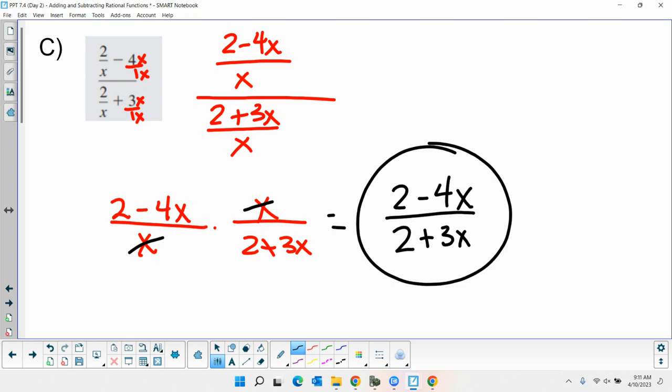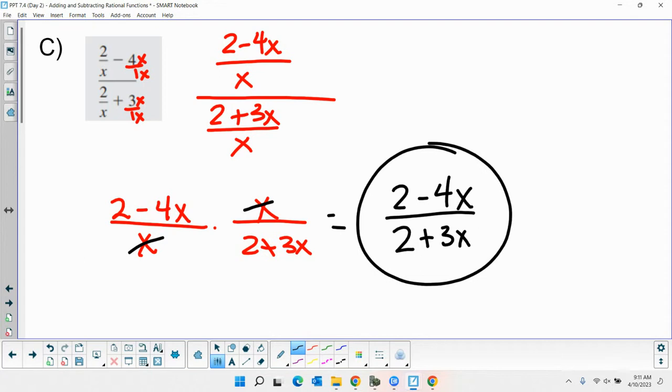Adding and subtracting fractions and simplifying a complex fraction. You have to factor denominators first. Do not factor numerators, right?